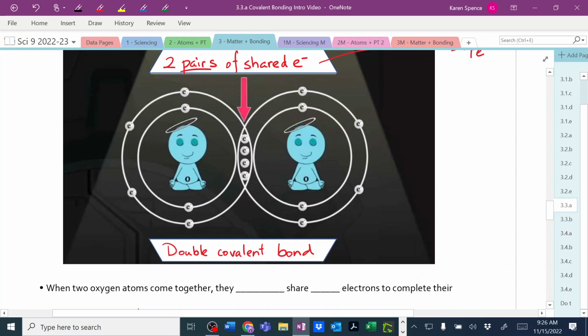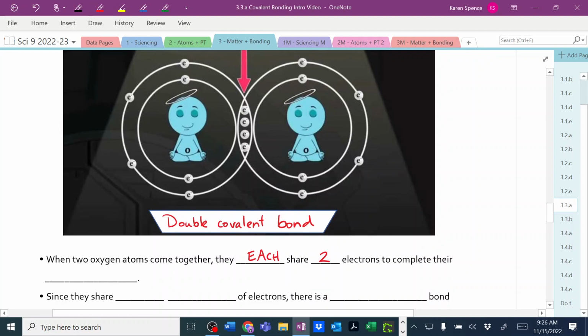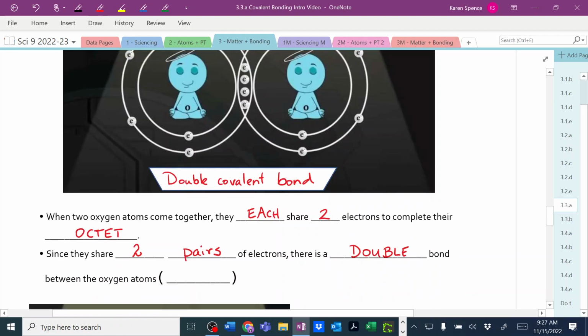When 2 oxygen atoms come together, they each share 2 electrons. So they both contribute 2 electrons to that double bond to complete their octet. Since they share 2 pairs of electrons, there is a double bond between the oxygen atoms.